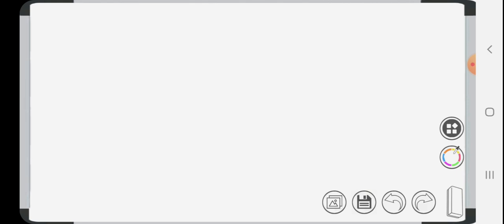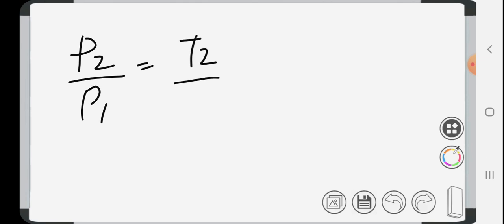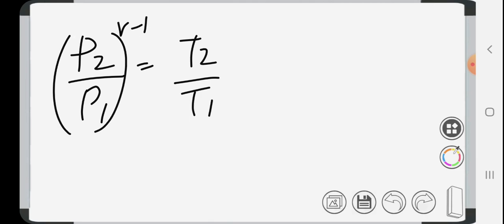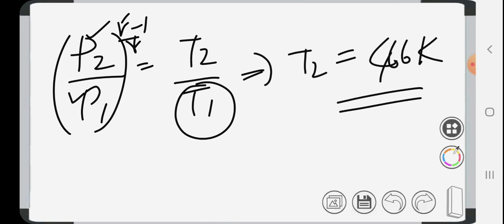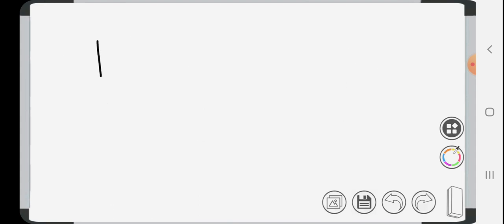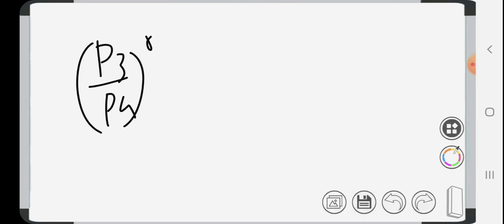To find those, we use the equation P2 by P1 equal to T2 by T1 raised to gamma by gamma minus 1. Since T1, P2, P1 and gamma are known, you will get T2 equal to some 466 Kelvin. Just check it. Similarly, P3 by P4 relates to T3 by T4.